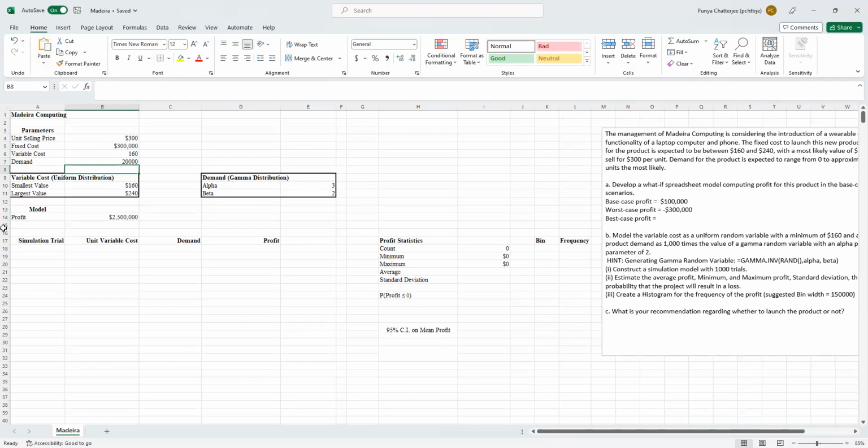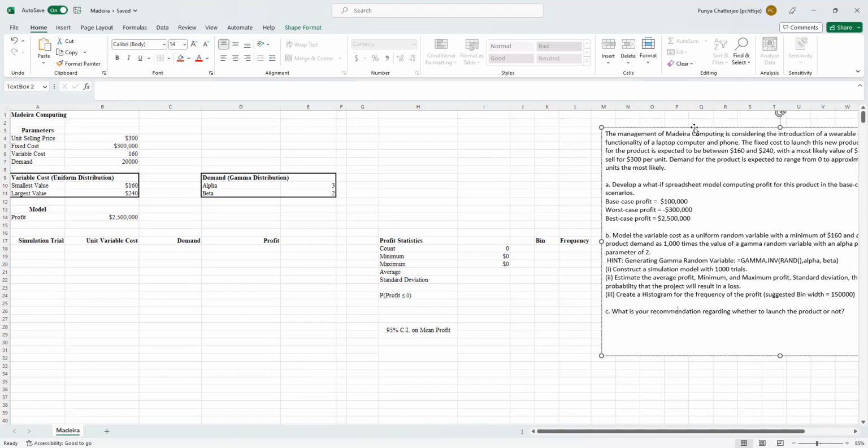Okay, so that gives us this profit, and that's what I'm going to put as my best case profit. So that's basically part A.